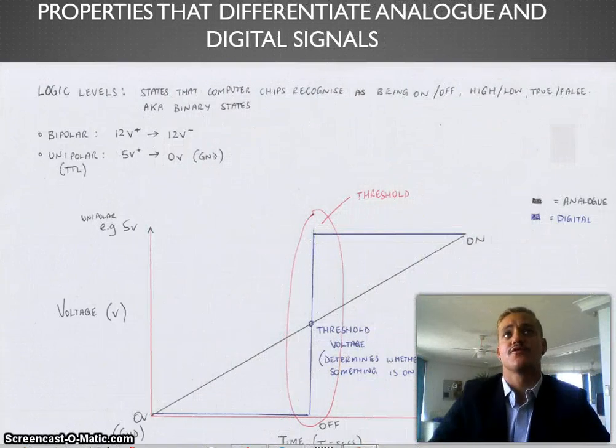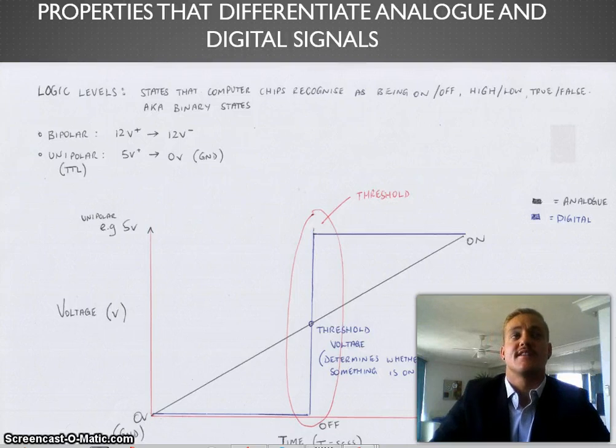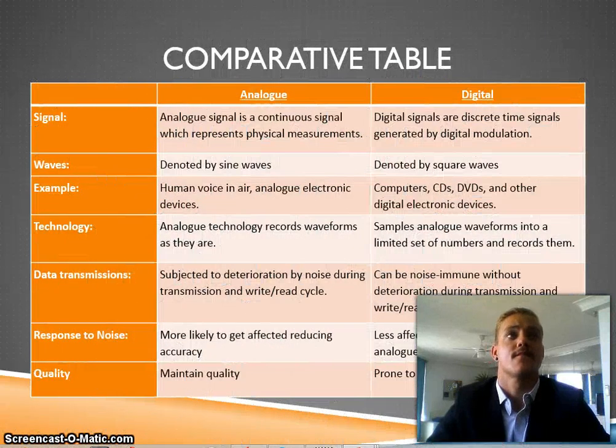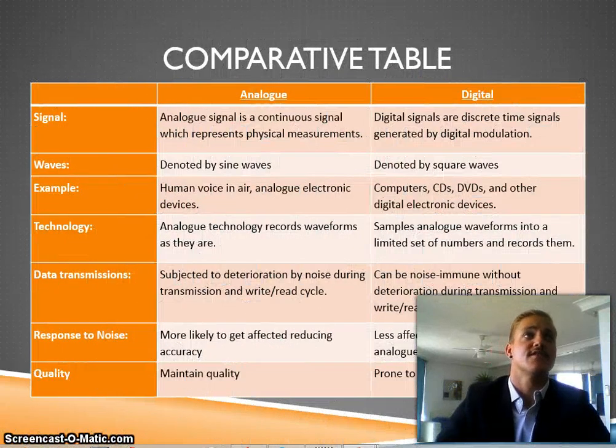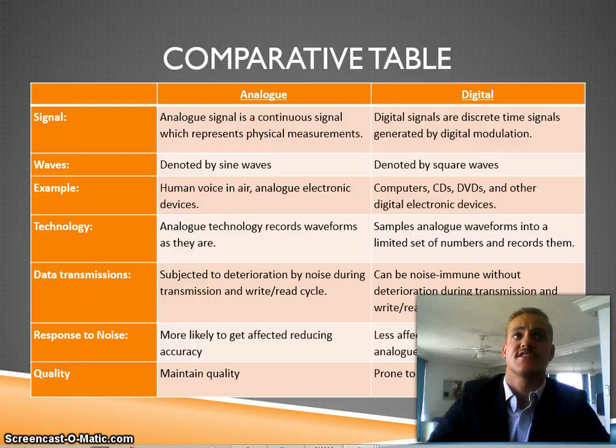In this slide, I've drawn a graph to distinguish the difference between the properties that analog and digital signals possess. Okay, I've constructed a comparative table. Analog is a continuous value which represents physical measurements, and digital is discrete time signals generated by digital modulation. One's a square wave, one's a sine wave.